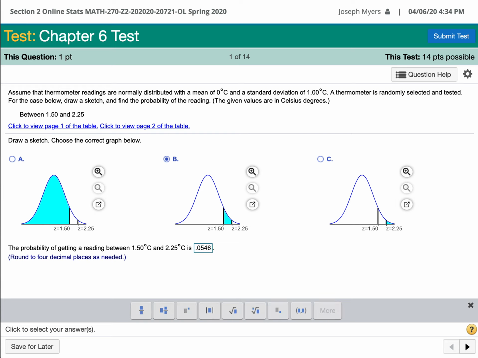Now I'm also going to show you how you can find this answer using the StatCrunch program. These tables are the way they've done it for many years. Mathematicians use calculus to calculate the integration of the normal distribution, and then they print out the results on a big table so that other people can find the answers to calculus problems without ever needing to use a computer at all.